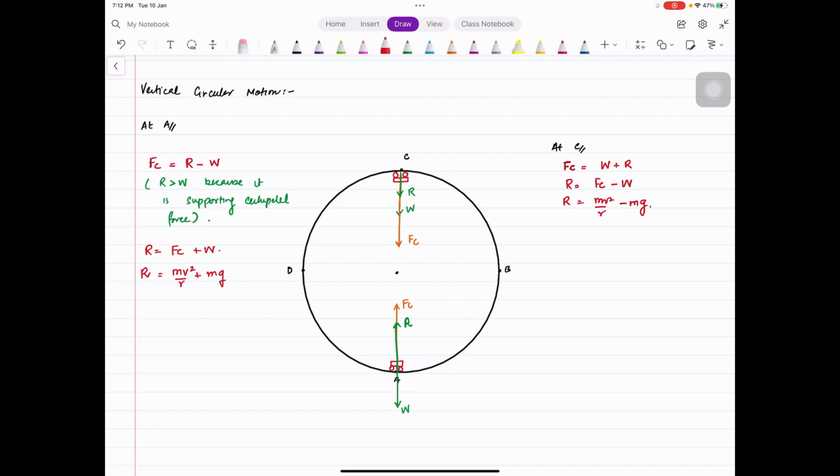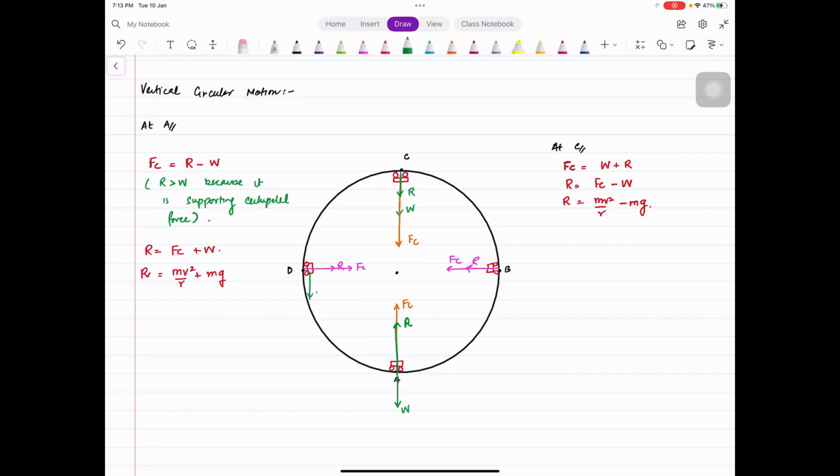However, on B and C, if the car is here or the car is here, whether it's climbing or descending, in both cases the reaction is going to be here, and that's what provides centripetal force. But the weight just stays the same.